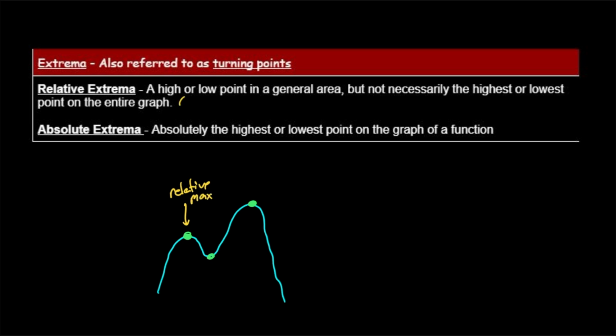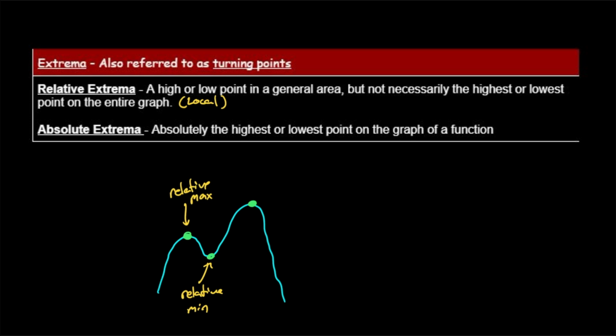Relative are also called local extrema. This is a high point, but it's not the highest point on the graph. This one right here is a relative min. It's a low point, but not the lowest point. Again, it could also be called a local min.